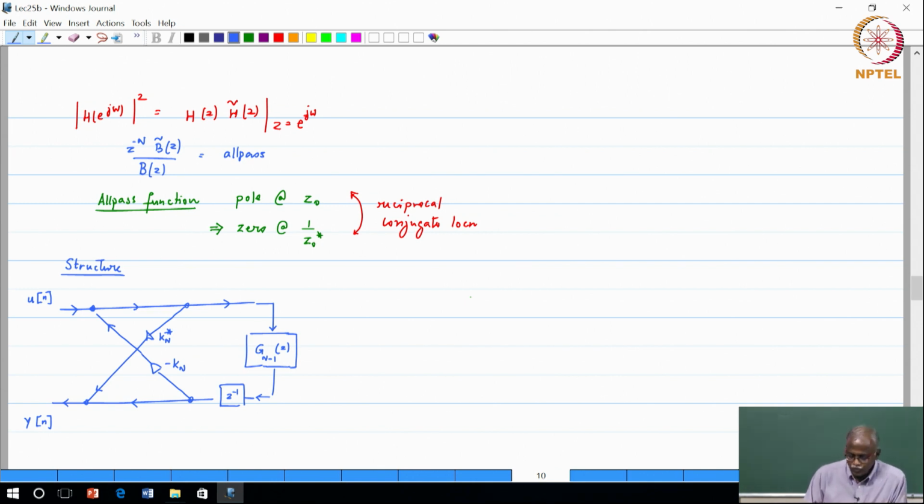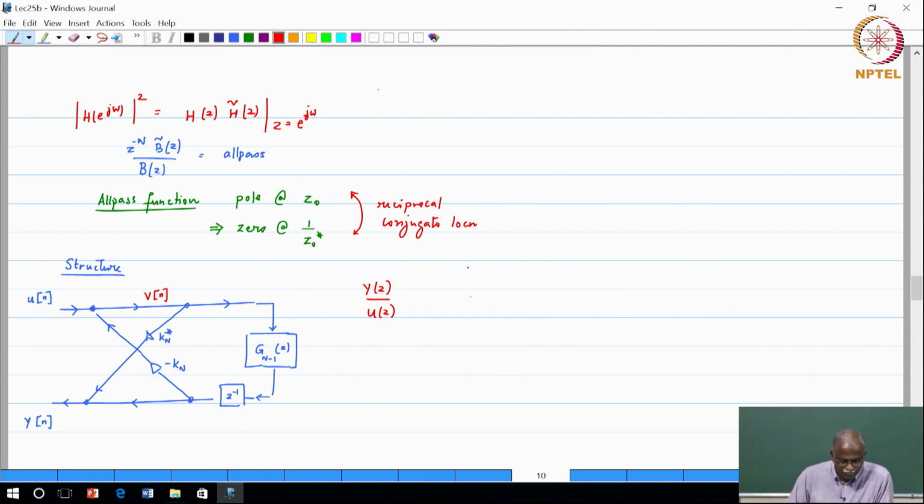So, basically my input is u of n, output is y of n. I would be interested in computing the transfer function y of z divided by u of z. That is my ultimate goal. So, let us work towards that, and it is helpful for us to define an intermediate signal v of n, because that helps us get the transfer functions.